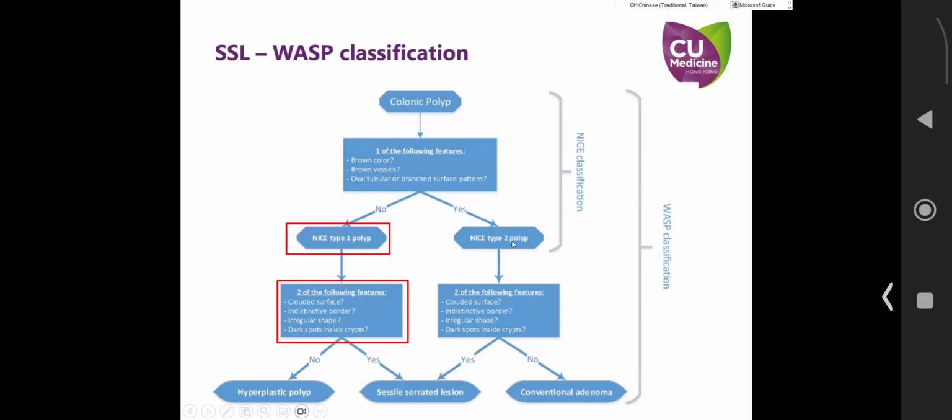If it falls into the category of JNET1 or NICE1, then you ask yourself these questions: whether the lesion has any clouded surface, meaning the mucus cap; secondly, whether the border is distinctive or not; also the shape of the lesion, whether it is regular or irregular; and lastly the crypts, the type 2O crypts or pit patterns. Essentially, if there are these features that make you worry about SSL, then you should not leave these in situ.